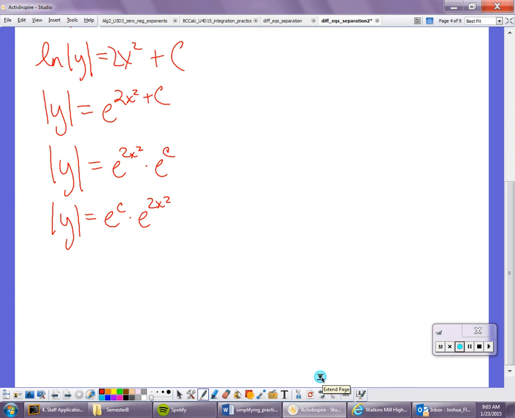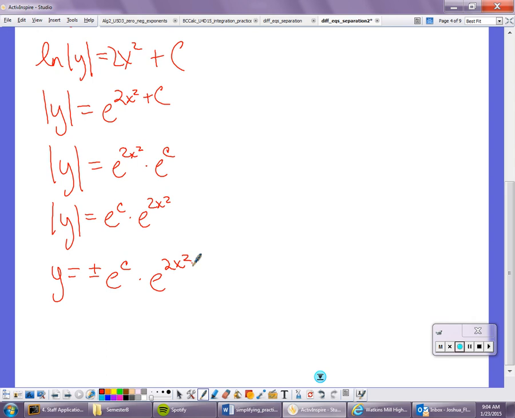And then get rid of the absolute value, so y will be plus or minus e to the c times e to the 2x squared. Okay, so we have an equation. It says y is going to be some constant times e to the 2x squared. Positive or negative, some constant here.